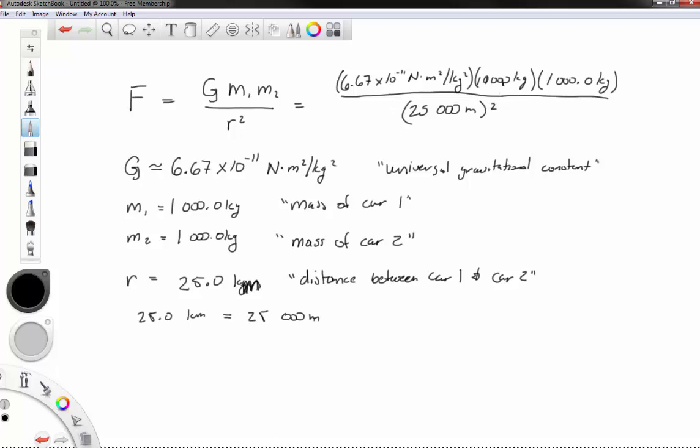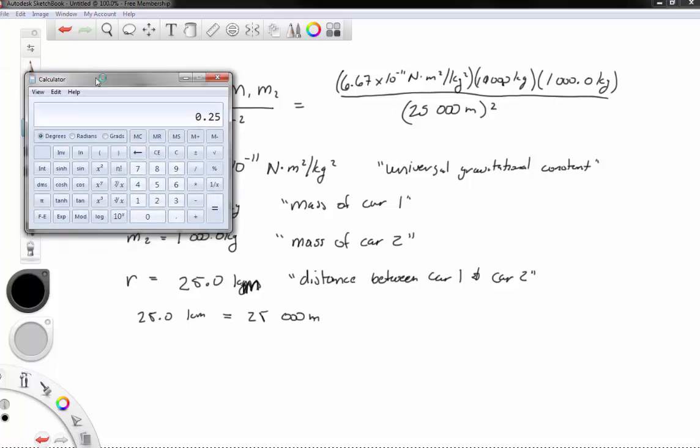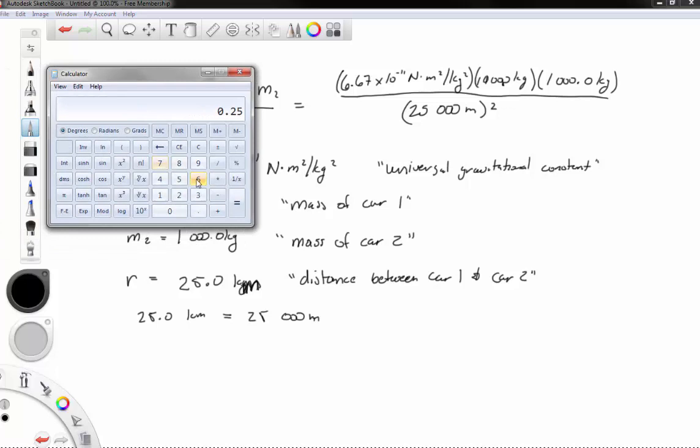So on comes the calculator. 6.67 times 10 to the minus 11 basically gets entered like this. We go power, that power needs to be negative, then we say that it's 10 to that power. It's kind of a funny way of having to enter a number.